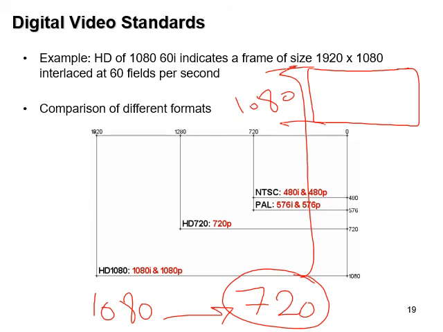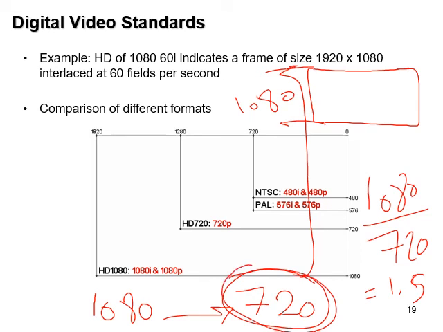In fact, if you divide 1080 by 720, you get the number 1.5, meaning that every line of the 720 lines should fit about 1.5 lines in that image. Of course, we don't have fractions like 1.5 lines, so let's assume, just for simplicity, that this number is 2.